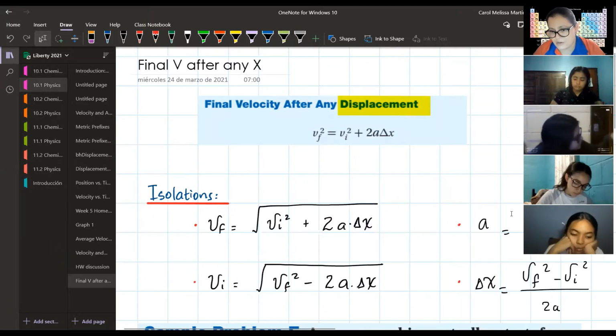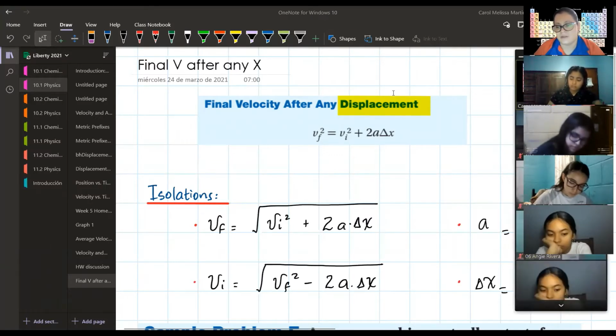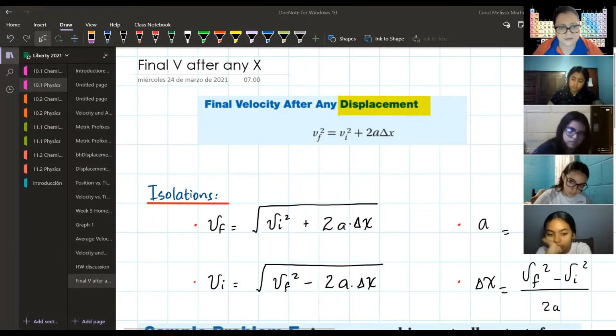Here is the equation in case you need to find the acceleration. What are you going to need? You're going to need the two velocities and the displacement. And in the case that you need to find displacement, this is the equation that you should be needing. You're going to need the two velocities and the acceleration.